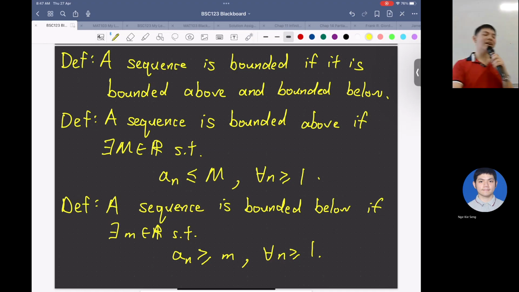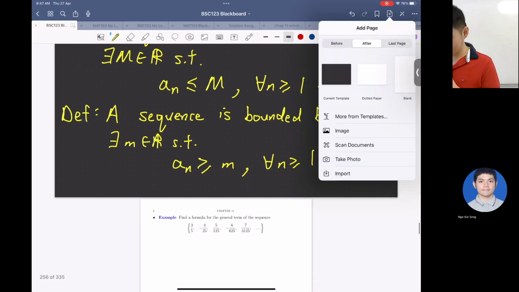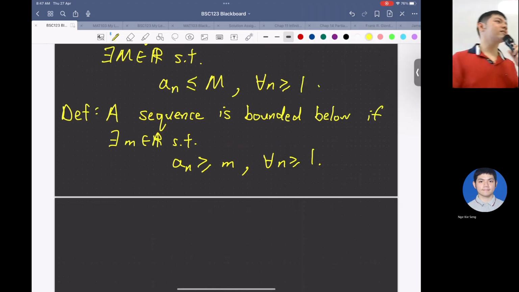Because at first I thought I can bound by 0. Okay, you can do a better bound. Use a1. So that's right.